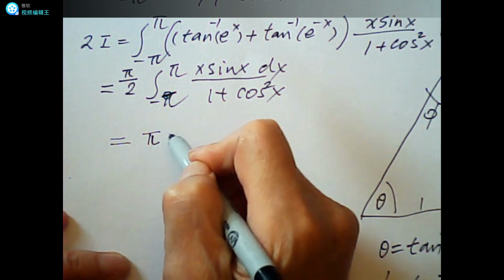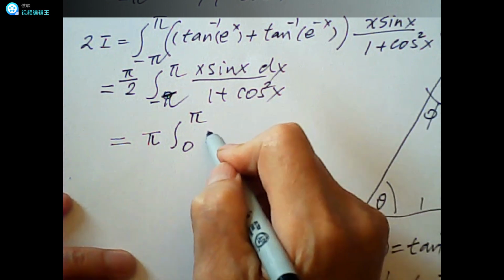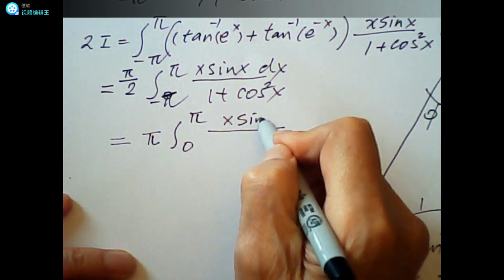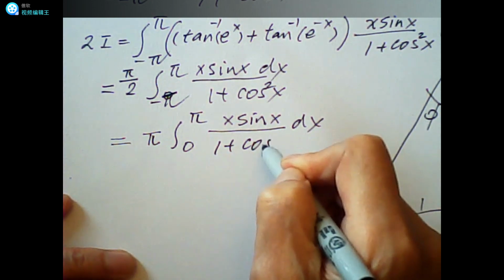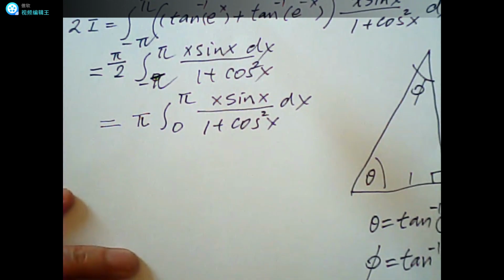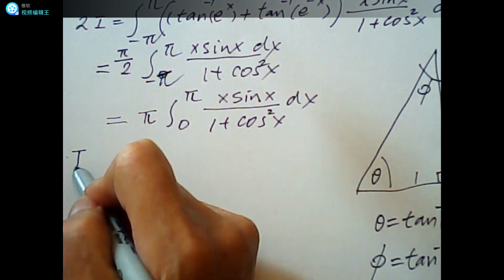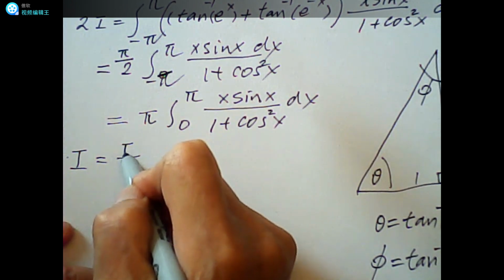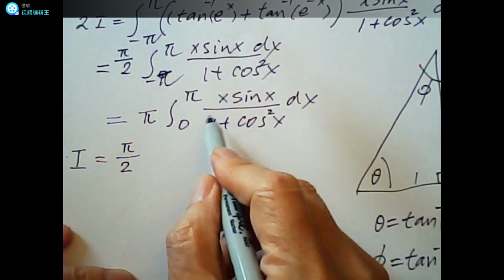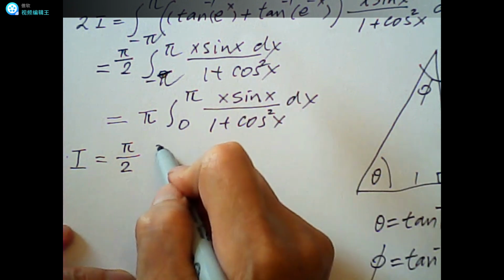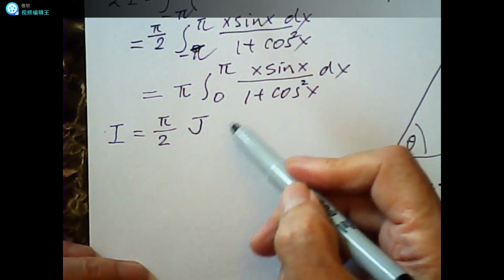It becomes pi times the integral from 0 to pi of x sine x dx over 1 plus cosine square x, right? So my I is equal to half pi times this one. I call this one J. I just want to do the integral J.